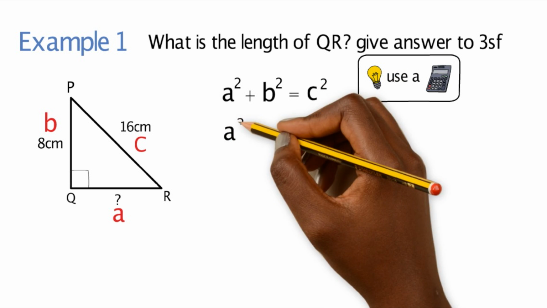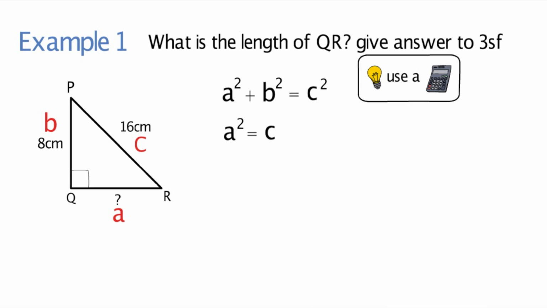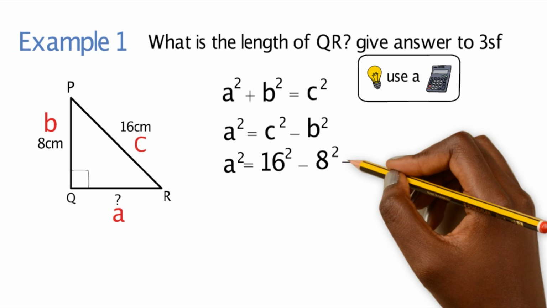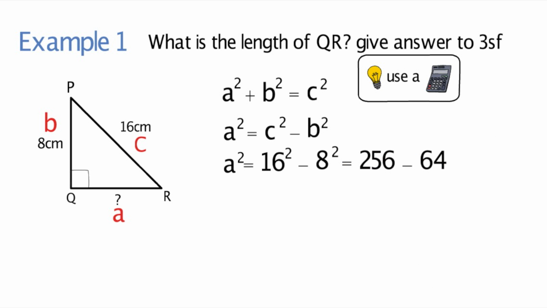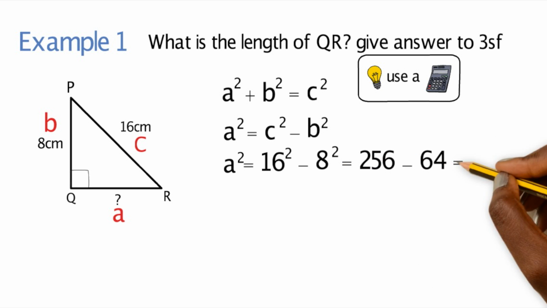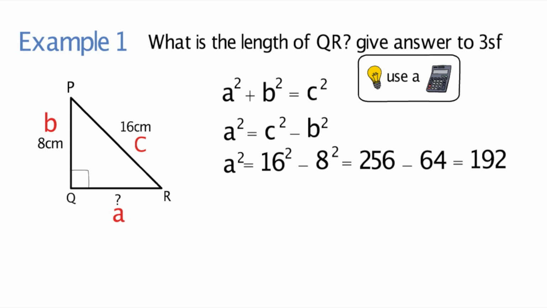Then, because in this case we're working out what A squared is, rearrange your equation to make it A squared is equal to, so that would be C squared minus B squared. So then A squared will be, if C is 16, it will be 16 squared. B is 8, so it will be 16 squared minus 8 squared, which if you use your calculator, that would be 256 minus 64, and that would give you 192.